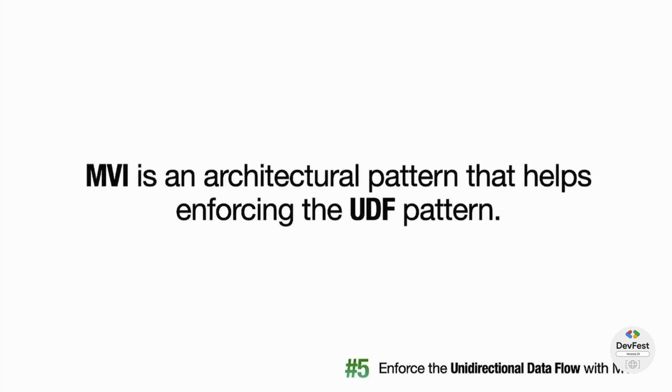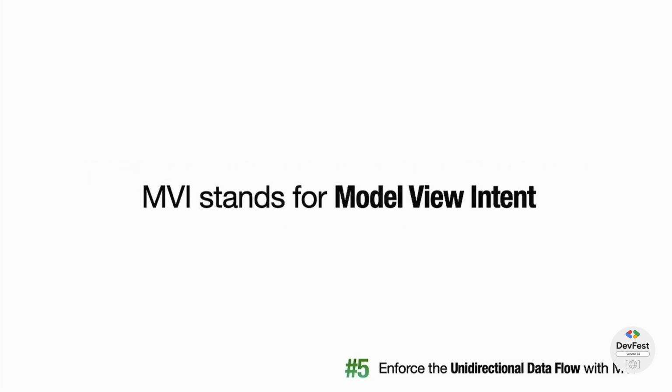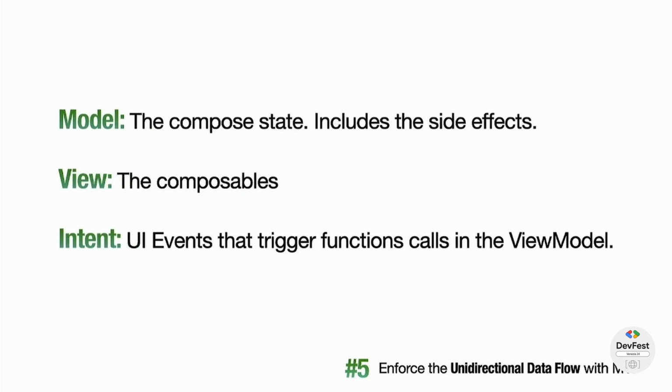So MVI is an architectural pattern that helps enforce the UDF pattern. MVI stands for Model View Intent, right? And what does this even mean? Model is the compose state, right? We already saw what a state object looks like.